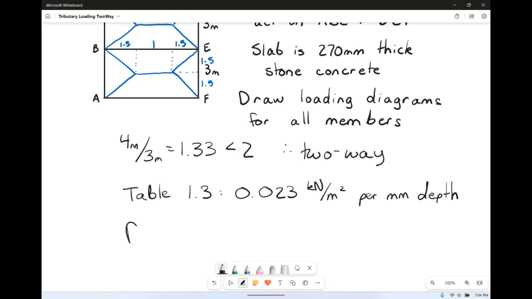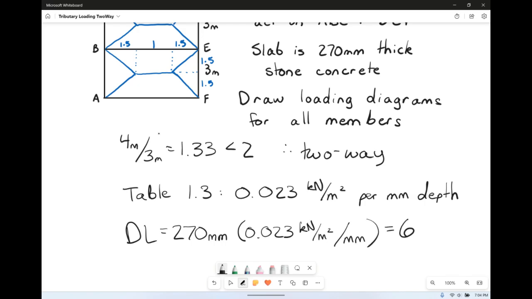So our dead load is equal to the 270 millimeters of depth times 0.023, again, kilonewtons per meter squared per millimeter. Our millimeters cancel, and we're going to be left with 6.21 kilonewtons per meter squared.